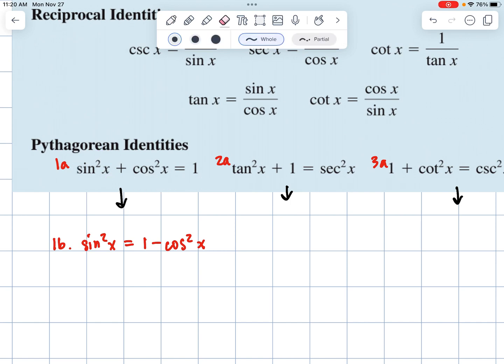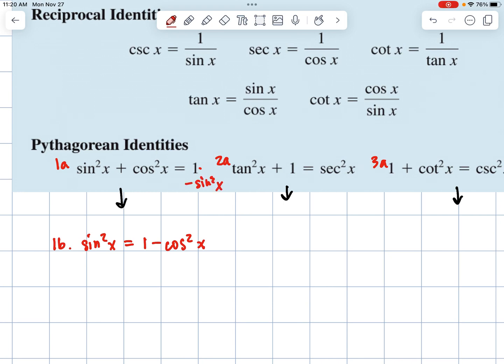All we did was bring the cosine to the right side, and we could see that it just looks different. Now, technically, we could also do a third version of this exact equation, because what if we wanted cosine by itself? Well, that means we would have to subtract sine squared x from both sides. And we should get 1 minus sine squared x on the right side.